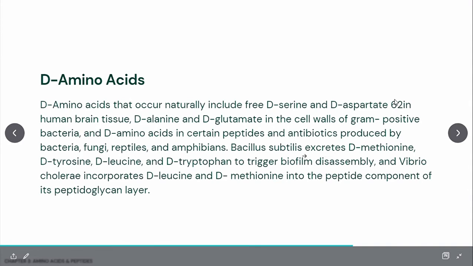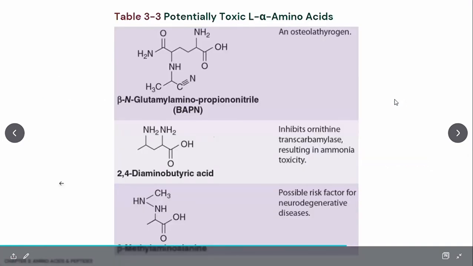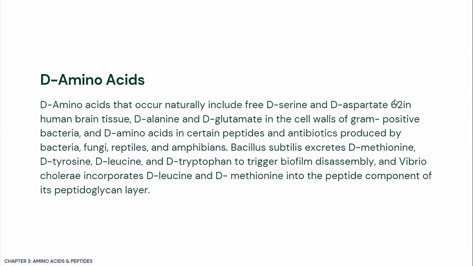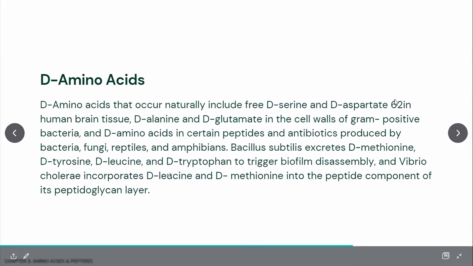Then we have D-methionine, D-tyrosine, D-leucine, D-tryptophan to trigger biofilm disassembly in Vibrio cholerae. It incorporates D-leucine, D-methionine into the peptide component of its peptidoglycan layer, or what you call the bacterial envelope.